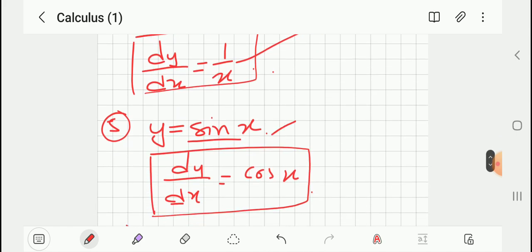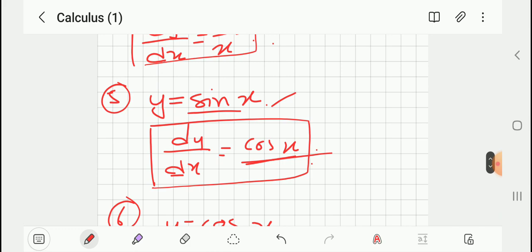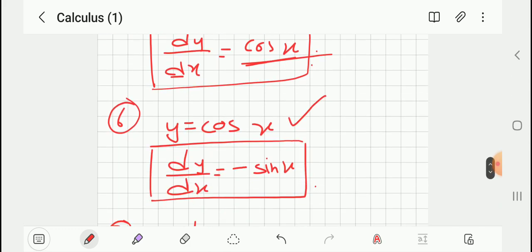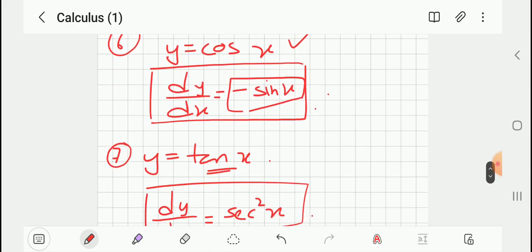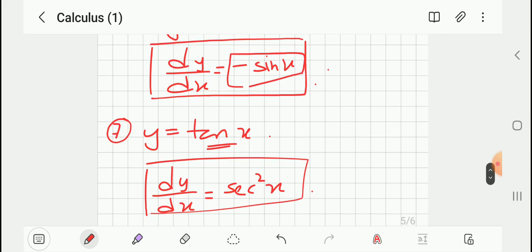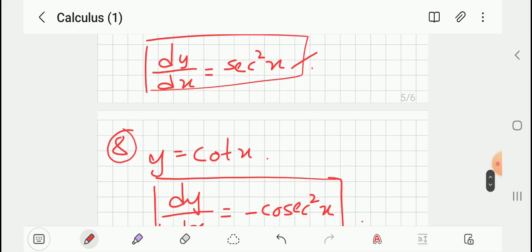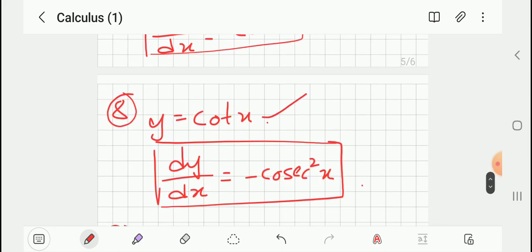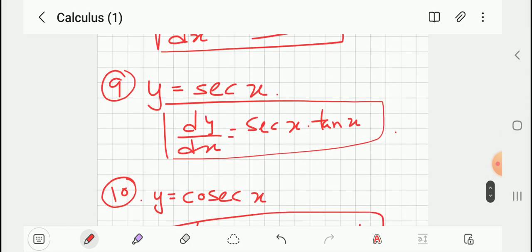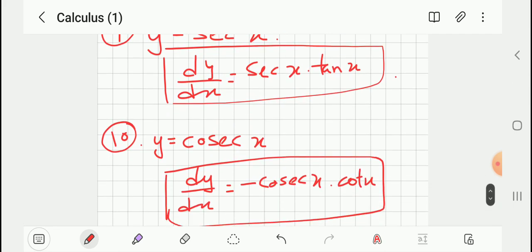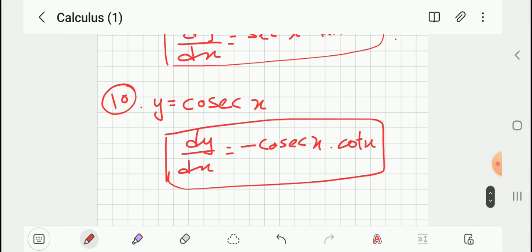When y is equal to sin x, it's cos x. But when it is cos x, it becomes minus sin x. Next, when y is equal to tan x, dy by dx is sec square x. When y is equal to cot x, dy by dx is minus cosec square x. When y is equal to sec x, dy by dx is sec x tan x. When y is cosec x, it's minus cosec x cot x.